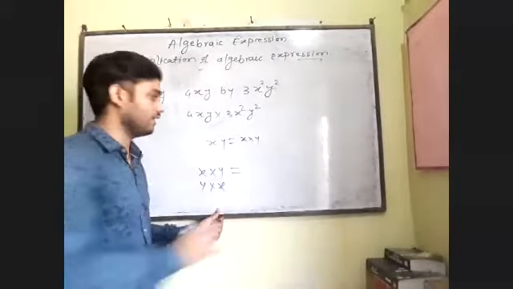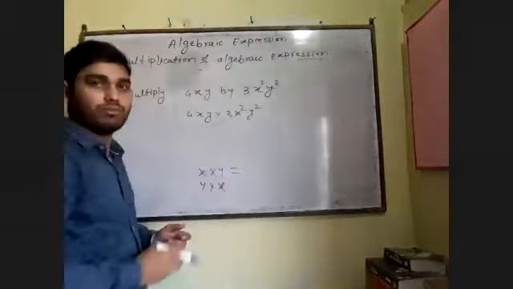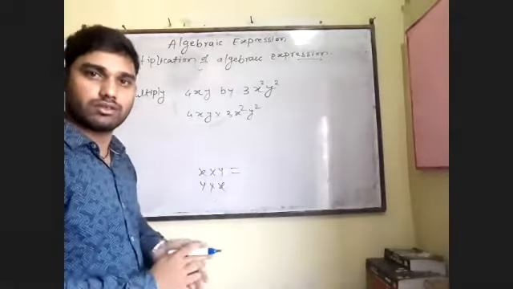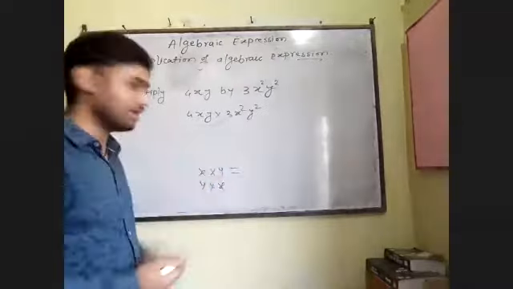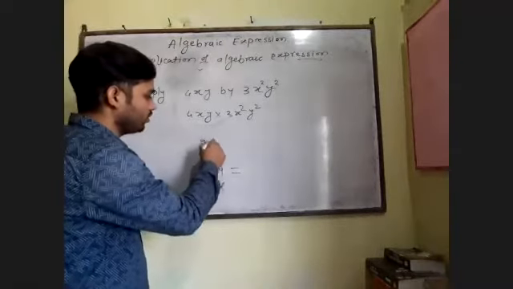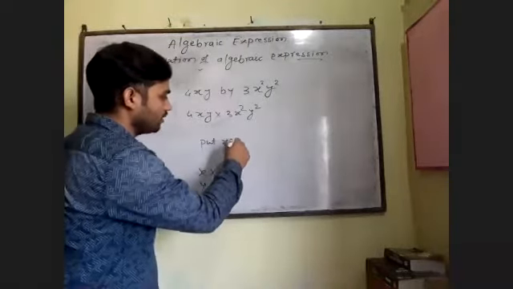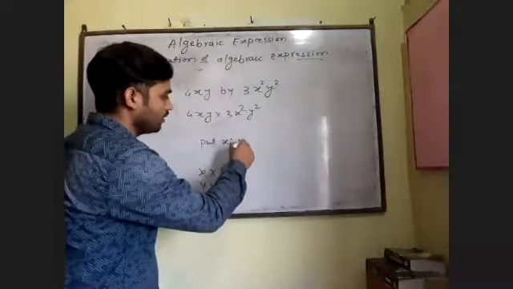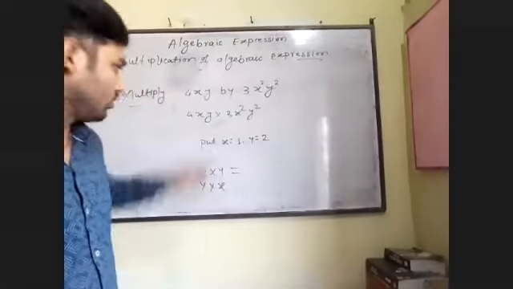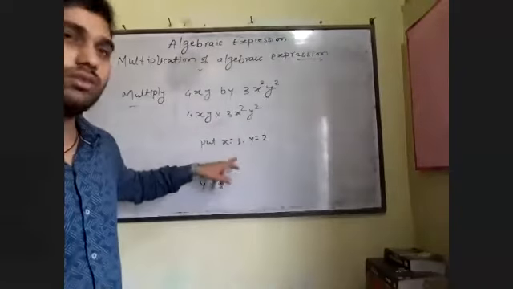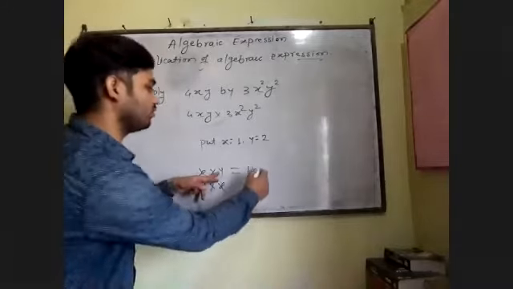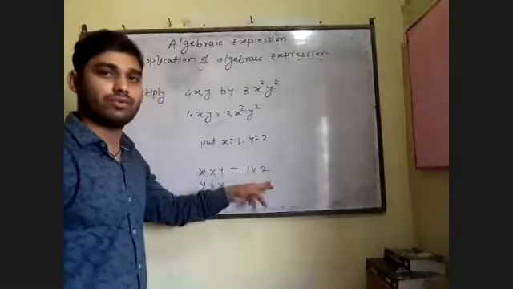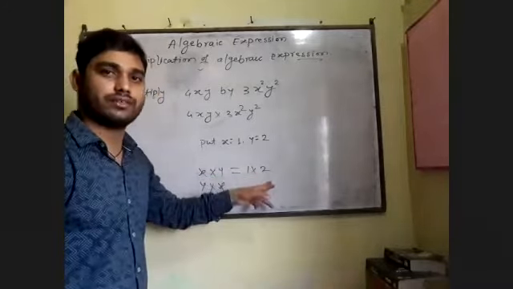How? We studied the commutative properties with addition, subtraction, multiplication. If we put the value x is equal to 1 and y is equal to 2, then 1 multiplied by 2, what do we get? 2.